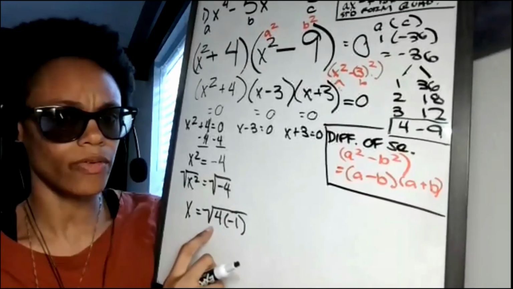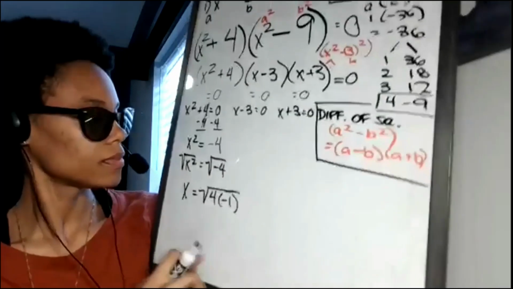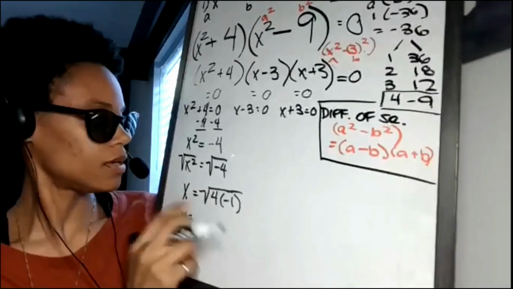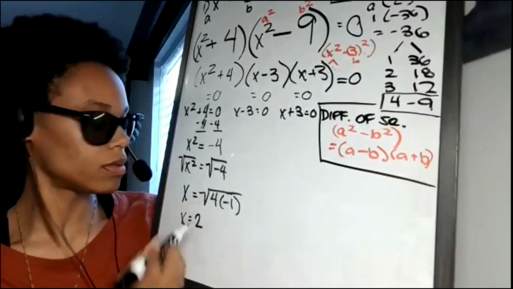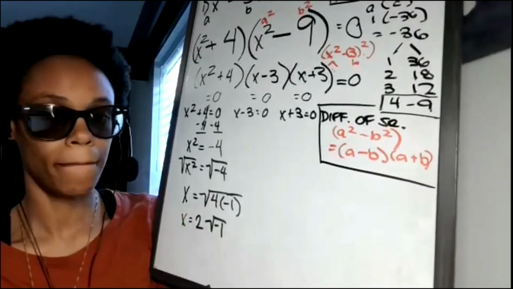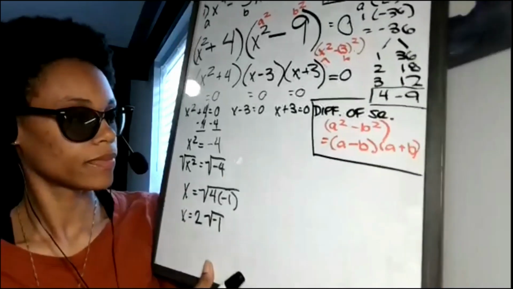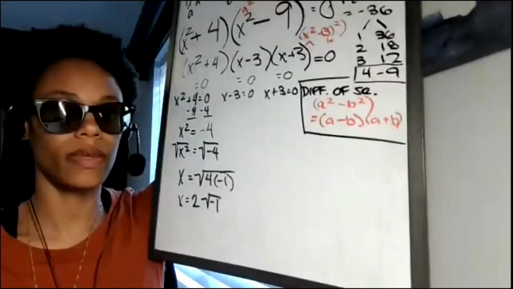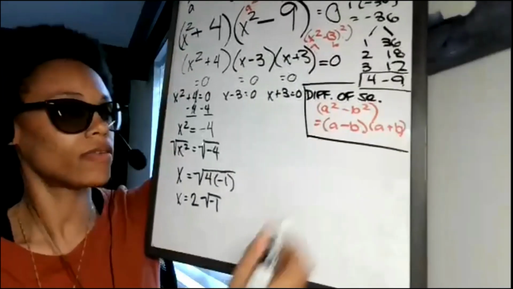We could take the square root of 4. The square root of 4 is 2. And then we're left with the square root of -1. But we don't take the square root of a negative number. But we do have a value for this.